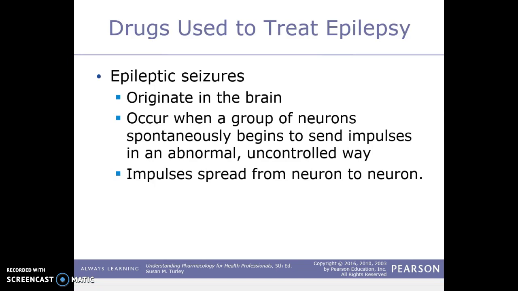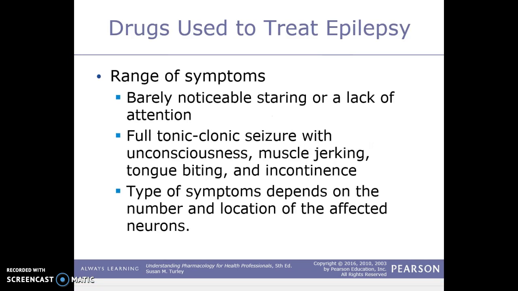We really want to treat it before we actually have a seizure. Some of the symptoms of a seizure, if you've never seen one, are staring or lack of attention. It's not always the muscle jerking, unconscious flopping around that a lot of people think of when they think of seizures.